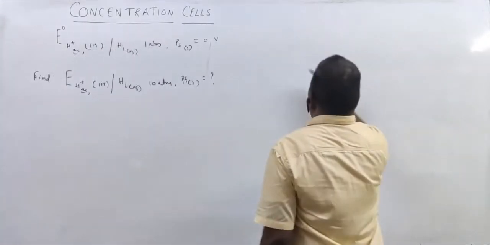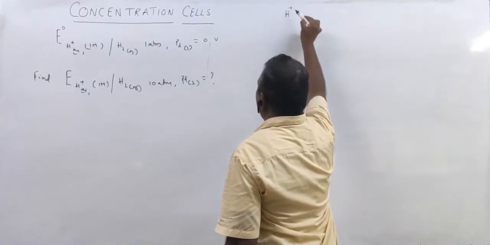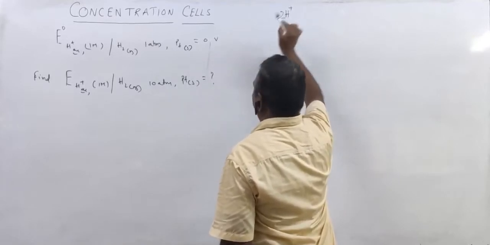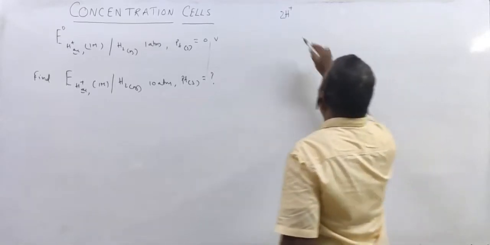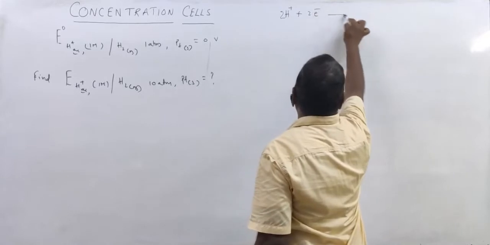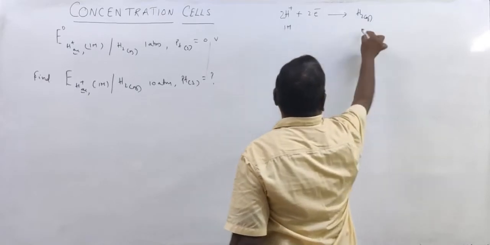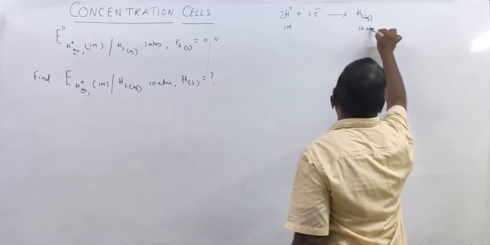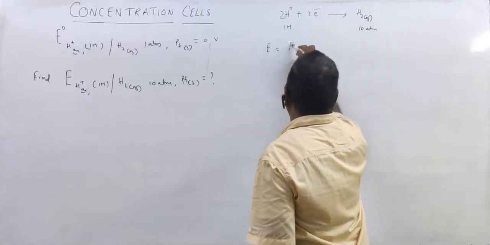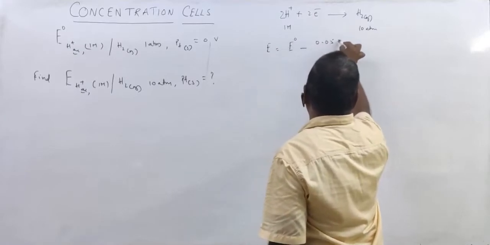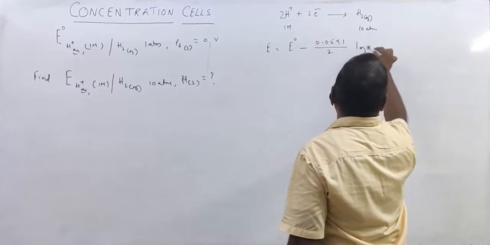Now apply the Nernst equation. What is the reaction at the electrode? H+ ion concentration. Now you take 2H+, because the hydrogen gas pressure is not 1 atmosphere. 2H+ plus 2 electrons gives rise to H2 gas. This is 1 molar only. This is now 10 atmospheres. According to the Nernst equation, E is E naught minus 0.0591 by 2 log.